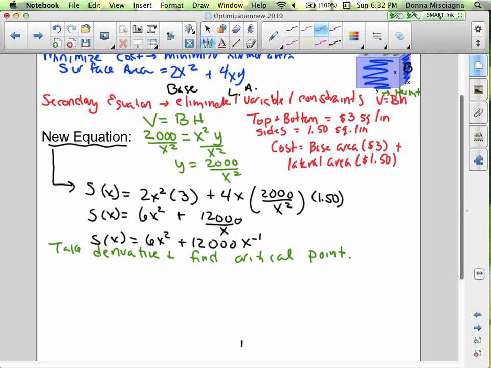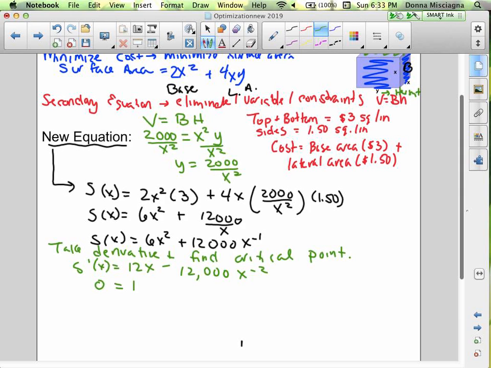All right, so that would be s prime of x equals 12x minus 12,000 x to the negative 2. We'll simplify that negative exponent, set it equal to 0.